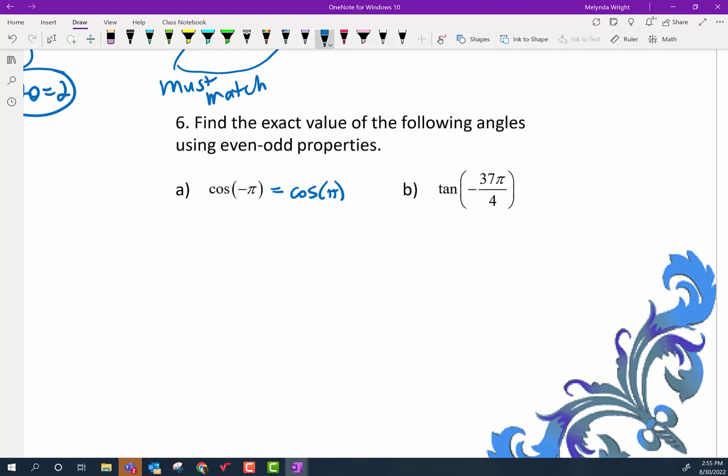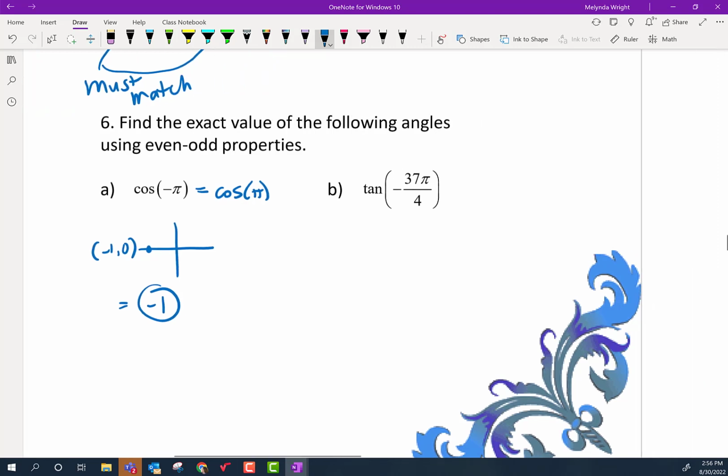So let's get our unit circle out. Pi is right here. We just talked about those coordinate points a few minutes ago. And cosine is mapped to what, x or y? X. Cosine is mapped to x. So the answer to this problem would be -1. Very nice. Okay.